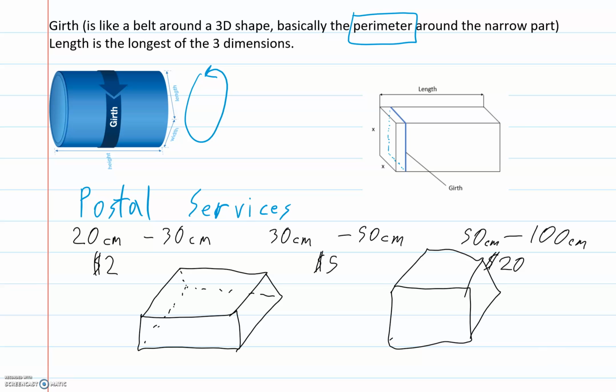Okay, so you have these two different shapes, and maybe this one is 9 centimeters. No, because they want to make sure that it's going to fit in the category.